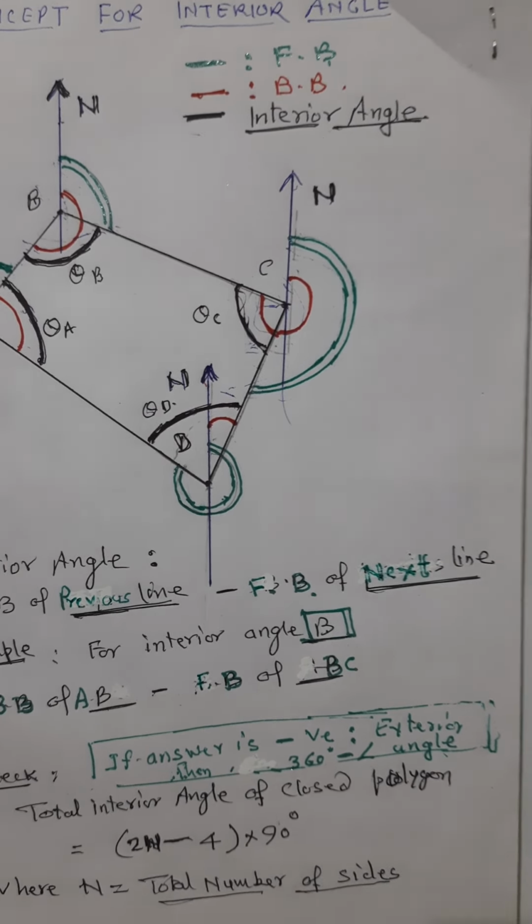If backsight minus foresight comes out to be negative, then it will be treated as an exterior angle, not an interior angle. Subtract it from 360 degrees and you will get the interior angle for that particular station of a closed traverse.